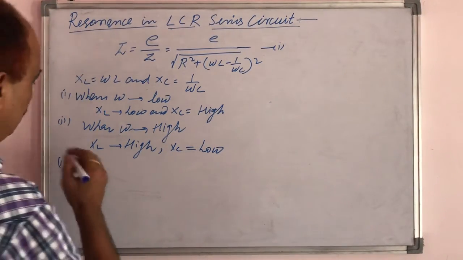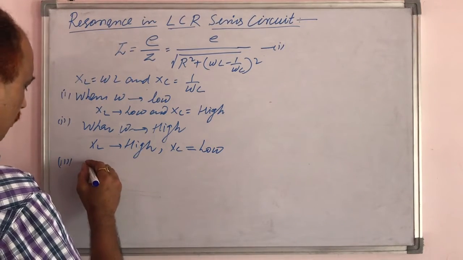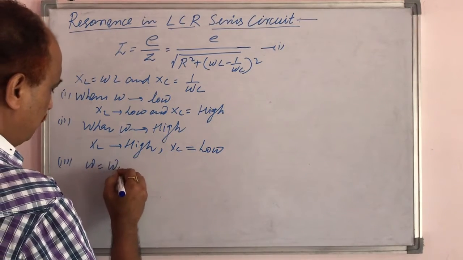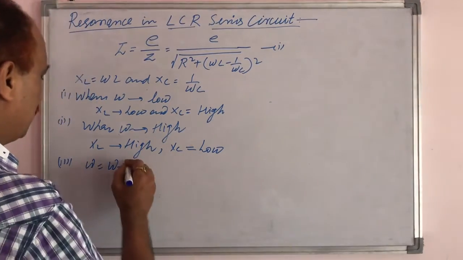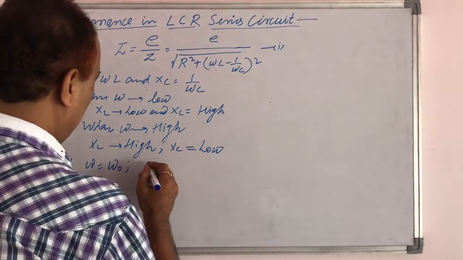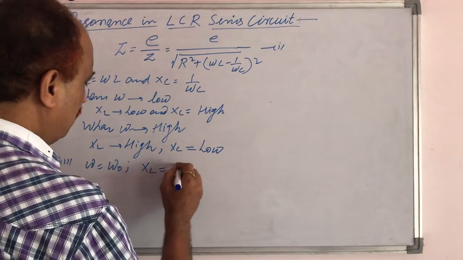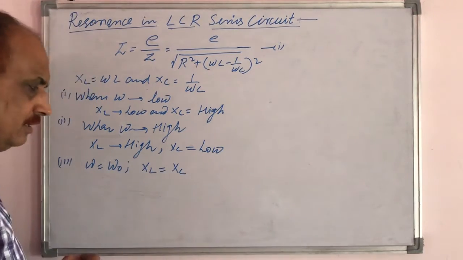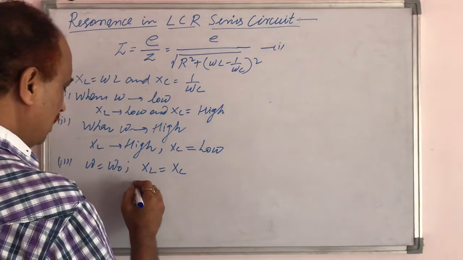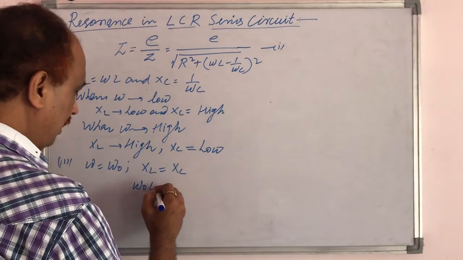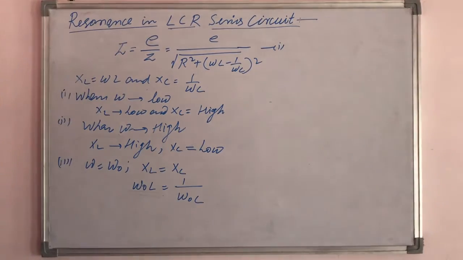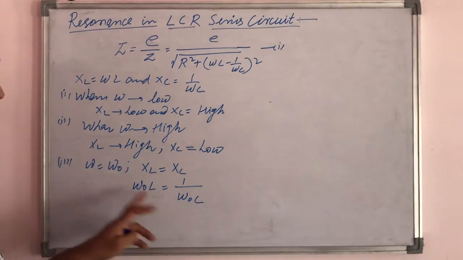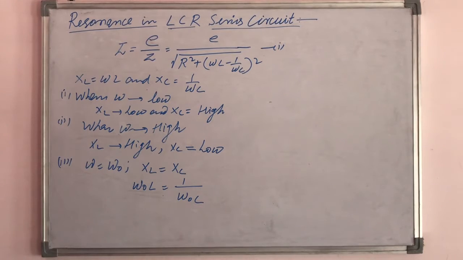But at a particular angular frequency, in a third situation, omega will be equal to some particular frequency omega naught. It is that particular frequency when the value of XL will be equal to the value of XC. It means omega naught L will be equal to 1 upon omega naught C. In this condition, when both are equal, what will be the effect on Z?